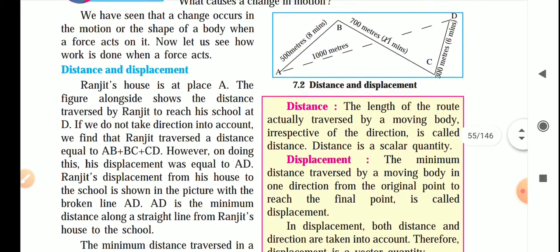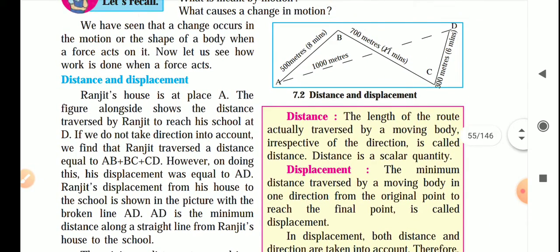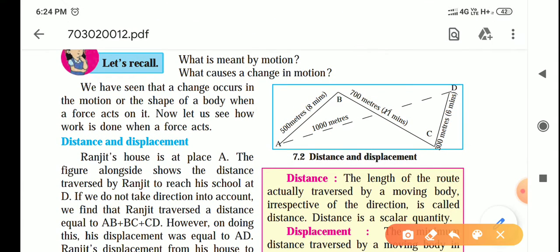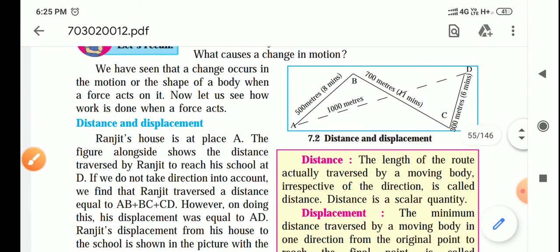Now displacement will be equal to AD. The distance traversed is AB plus BC plus CD, but the actual displacement, that is the displacement of boy Ranjit, will be from A to D. This AD distance will be the displacement. It is shown with a dotted line and it is equal to 1000 meters.